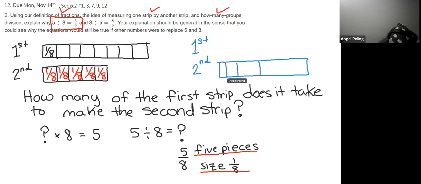I don't know if I did it very well, but I think not. A small piece there. Okay, and then we've got 2, 3, 4, 5.